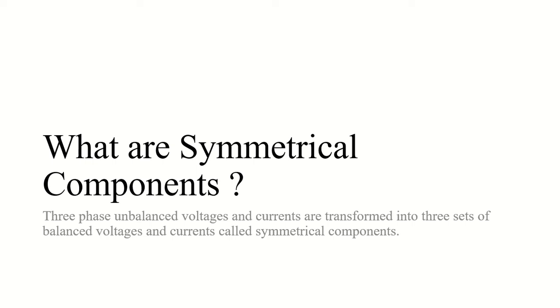These faults, line to ground fault and line to line fault, are called unsymmetrical faults, because whenever such a fault occurs, your system will become unbalanced. Because of that we call them unsymmetrical faults. And under this unbalanced condition, the analysis is done on a three phase basis.